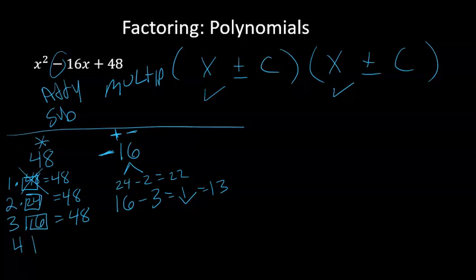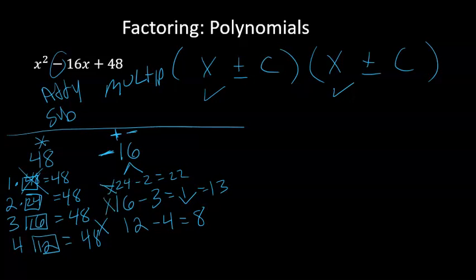Let's do 4. 4 times a mystery number. Let's see. It's like a 12. That gives me 48. What if I did that here? What if I did 12 minus 4? If I did 12 minus 4, it gives me 8. So I can't do that. But let me try something else.